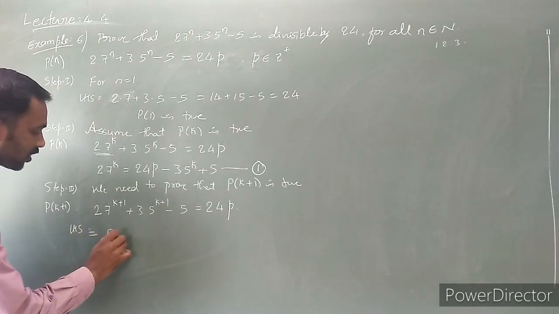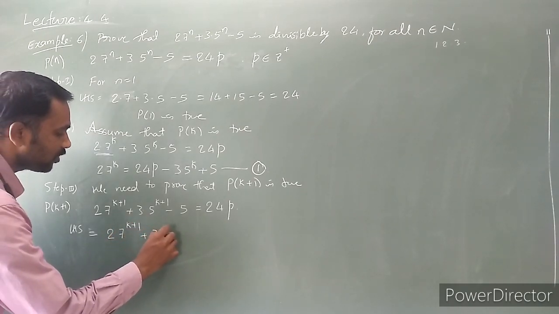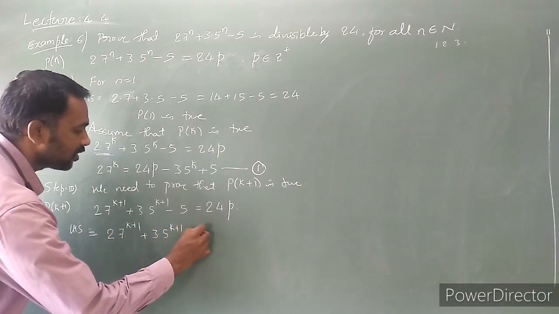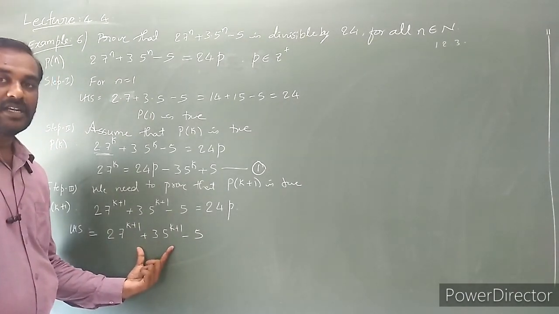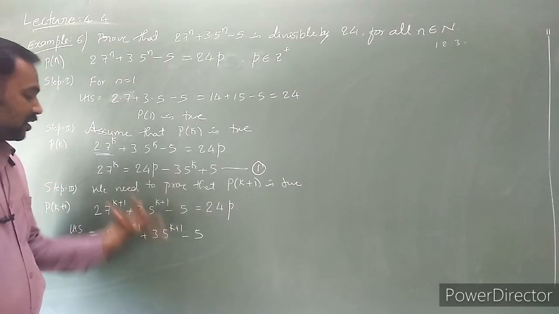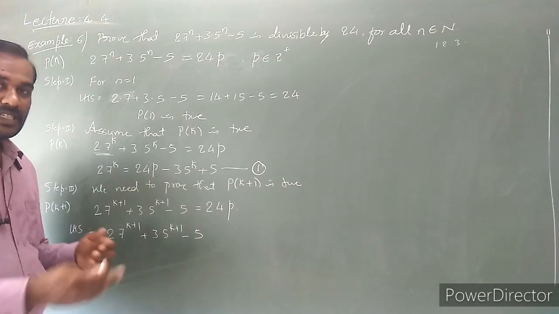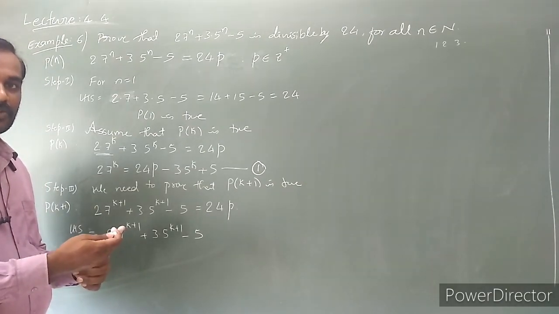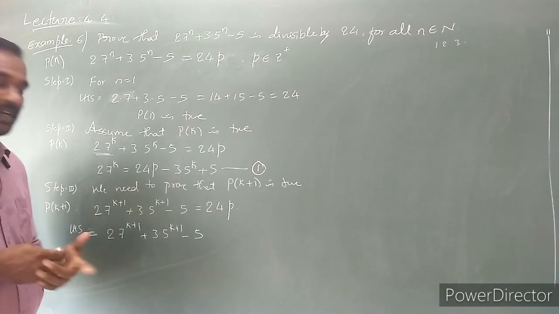LHS is equal to 2 into 7 power k plus 1 plus 3 into 5 power k plus 1 minus 5. We have to say that this number is divisible by 24, which means it is sufficient to take 24 common from all these terms. I got my point?